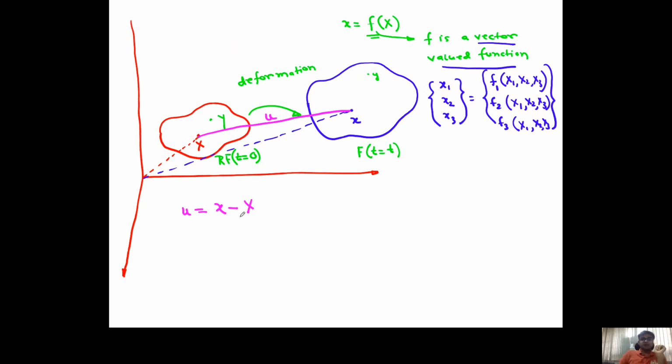And then, if u is small x minus capital X, we can write small x as f of capital X. So what do we have? u is equal to f of capital X minus capital X. So this is for now your relation between u, f and X. So this is my relation.